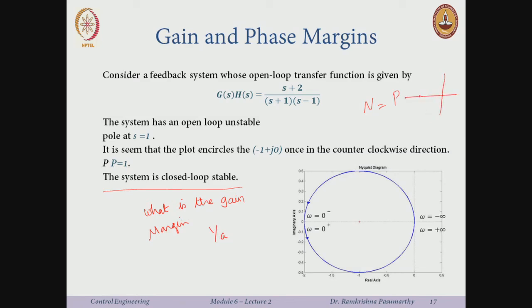A was defined like this: this was A, this was the point -1 plus j 0, and 1 over A. Which means I am looking at the intersection with the real axis. See where this intersects the real axis. It intersects here. What is the magnitude? It is 2. Now, is the gain margin 1 over 2? We will see what that means.